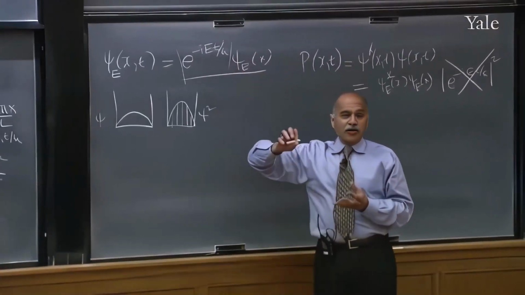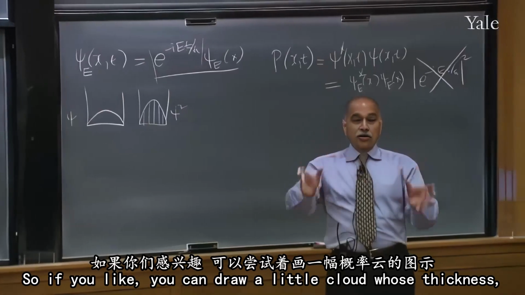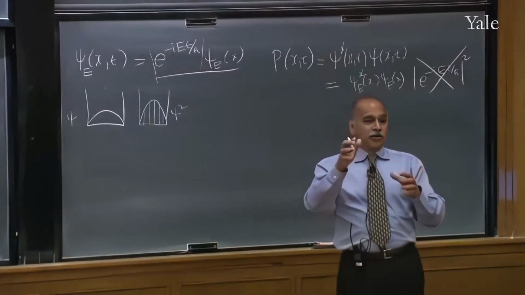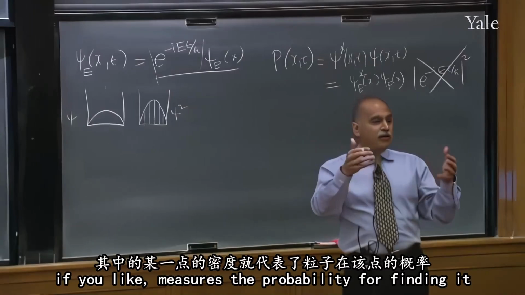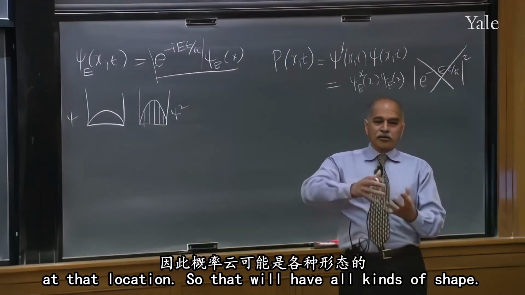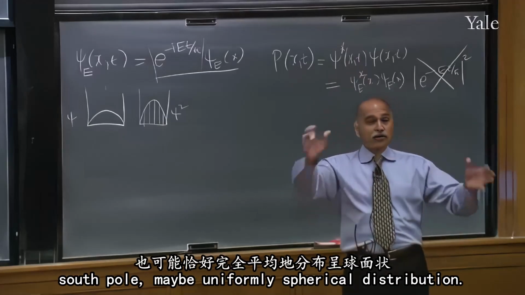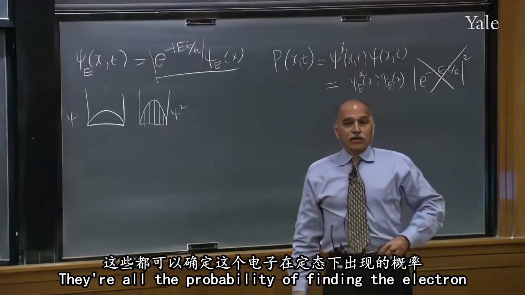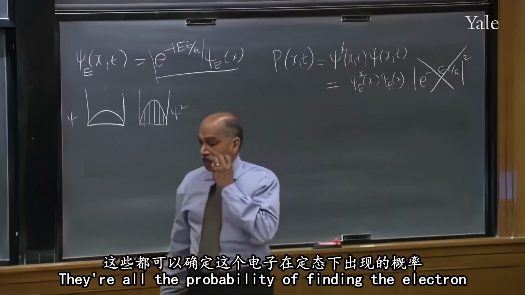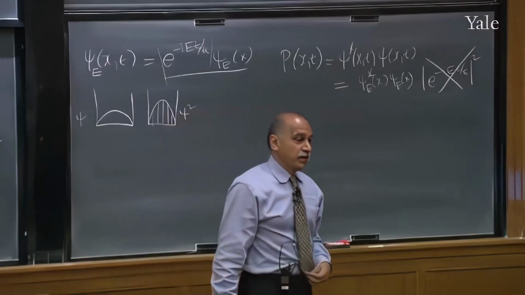But the probability for finding the electron never changes with time. So if you like, you can draw a little cloud whose thickness measures the probability for finding it at that location. So that'll have all kinds of shapes. Looks like dumbbells pointing to the North Pole, South Pole, maybe a uniformly spherical distribution. They're all probability of finding the electron in that state, and it doesn't change with time.